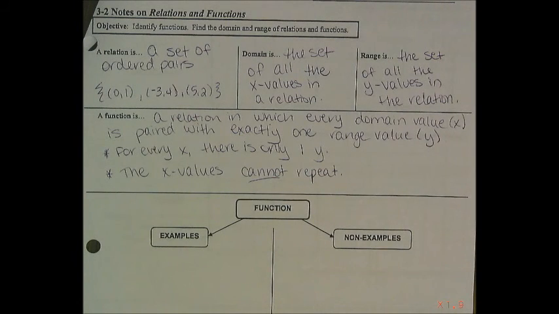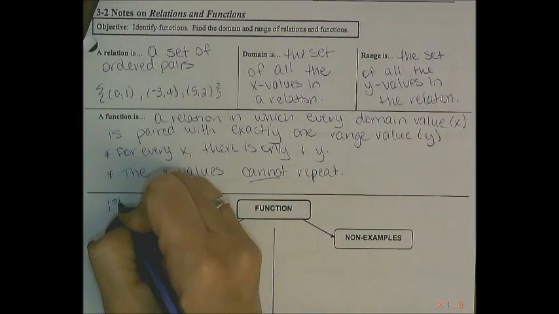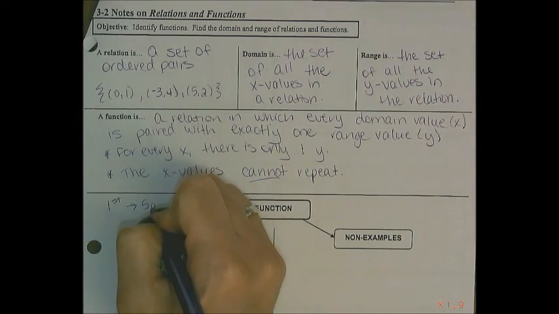Okay? All right, I want to talk about examples that are functions and non-functions. All right, the first example I want to give you is think of a scoring system at a track meet. So let's say your first place finisher gets 5 points.